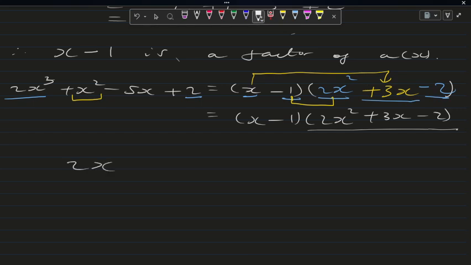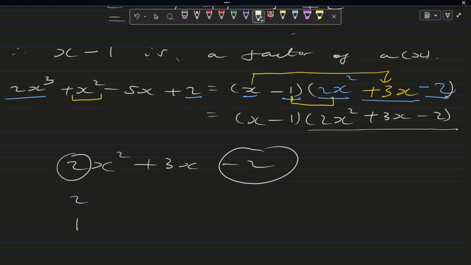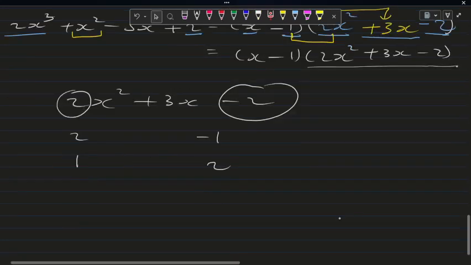If we have 2x squared plus 3x minus 2, we focus on this value and that value. We break them down, so 2 can be written as 2 times 1. Negative 2 can be written as negative 1 times positive 2.